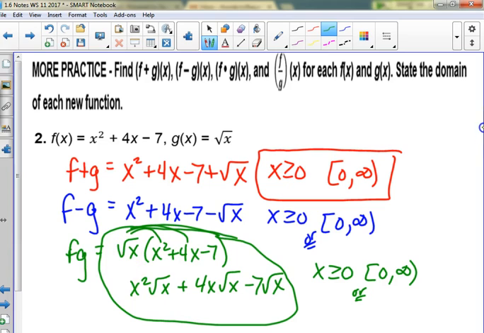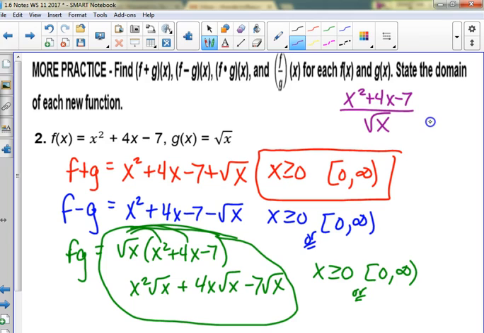All right, what about the icky one we don't want to talk about? x squared plus 4x minus 7 over the square root of x. Well, if for the moment I were to let you leave it that way, what would the restriction be?